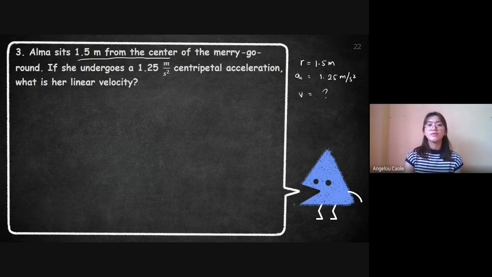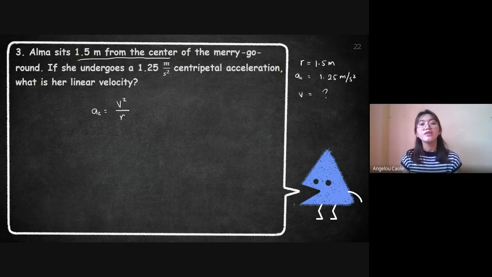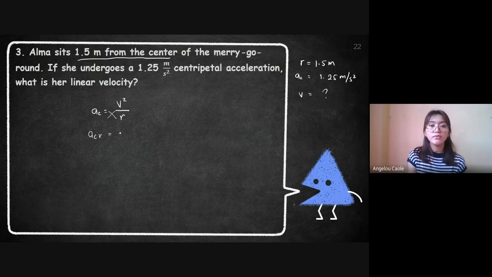In the formulas presented a while back, we have Ac is equal to V squared over R, right? So we can use this formula in order to get the value of the linear velocity. You just cross multiply. We have AcR is equal to V squared, or V is equal to the square root of AcR.